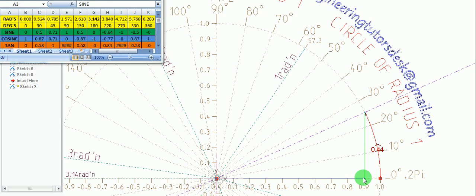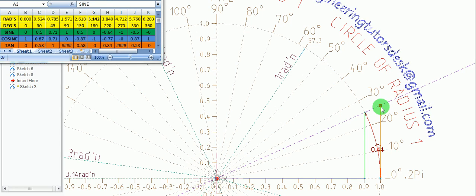Let us understand what a tan is. Tan is the name of the line which is tangent to a unit circle, starting from the beginning of the arc and intersecting with the angle subtending line.